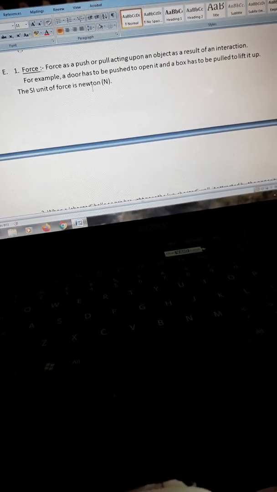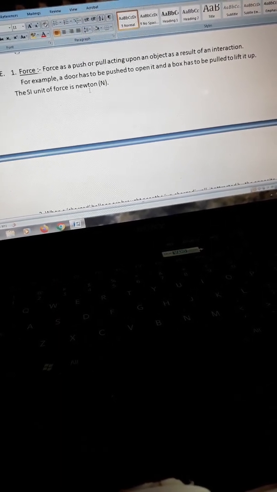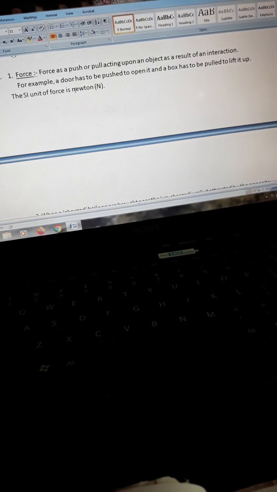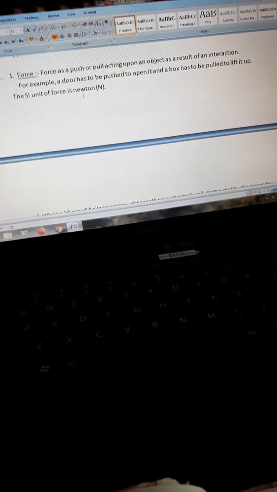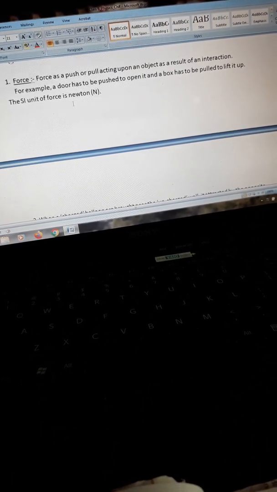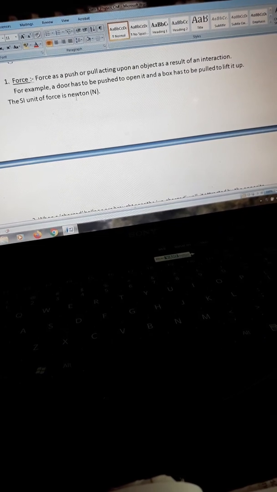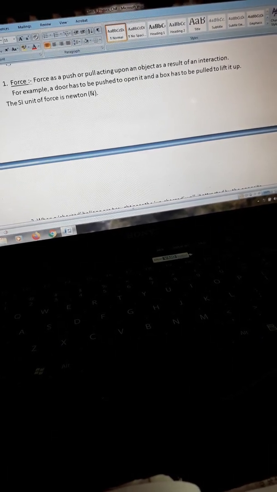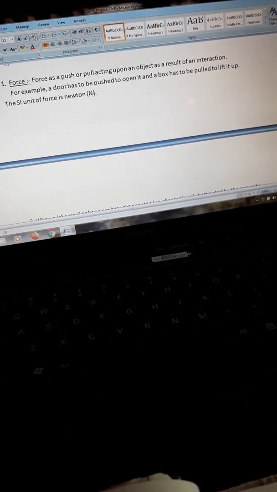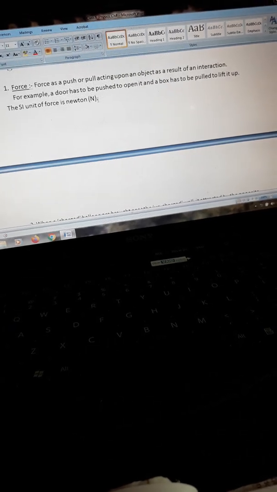In your physical quantities and measurement chapter you learned how to write units. You cannot start it with a capital N. Always start with a small n, and if you write the short form, then you only write a capital N. That is how you have to write the answer.